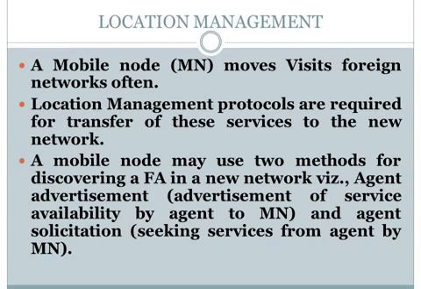So whenever a node enters a foreign network, if it sees an advertisement, then it can immediately correspond with that particular agent. Okay. It can set up communication. On the other hand, if it doesn't find any foreign agent, okay, then it has to request.